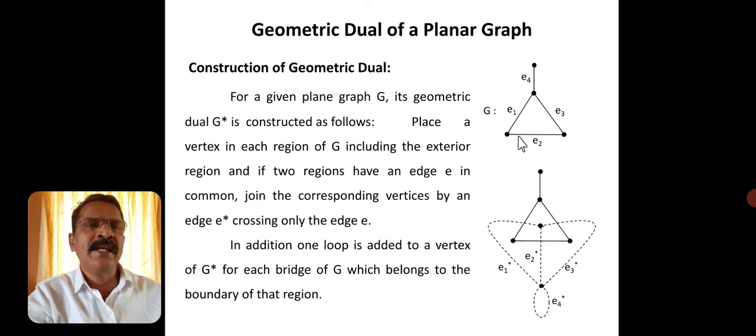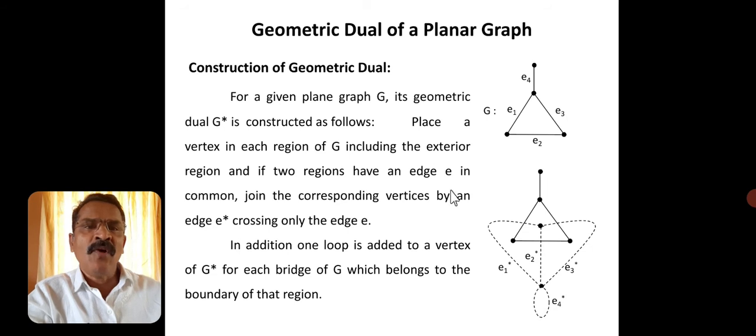Similarly, this edge E2 is common between the interior face as well as the exterior face, and also the edge E3 is common to the interior face as well as the exterior face. So these three edges are common to both interior and exterior faces.